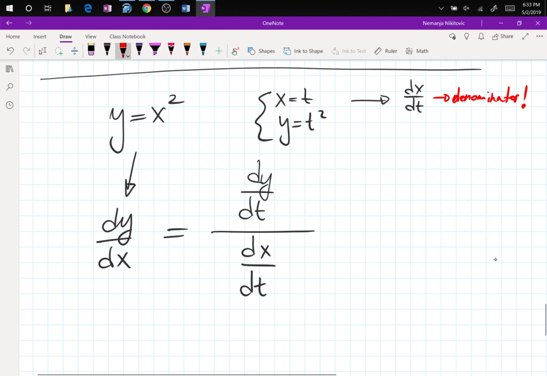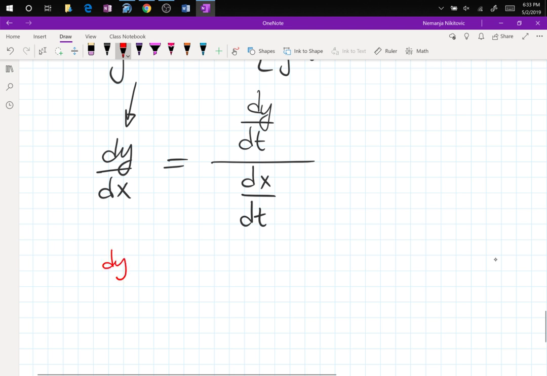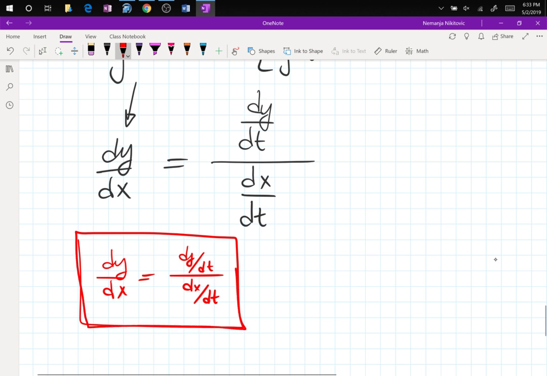So now, what is my derivative? dy dx is actually just dy dt divided by dx dt, and please make sure that you put dy dt in the numerator and dx dt in the denominator, so we don't have those issues as we go.